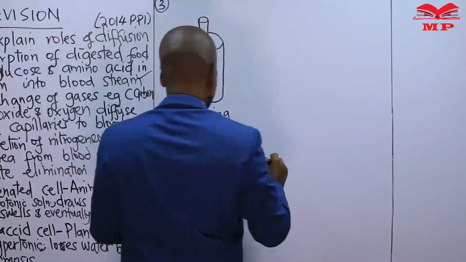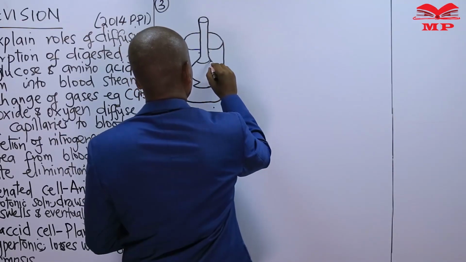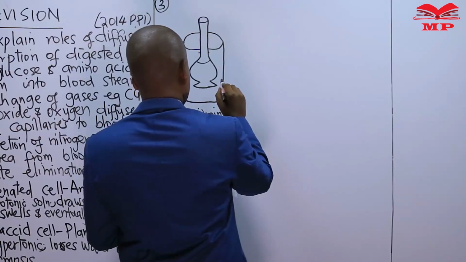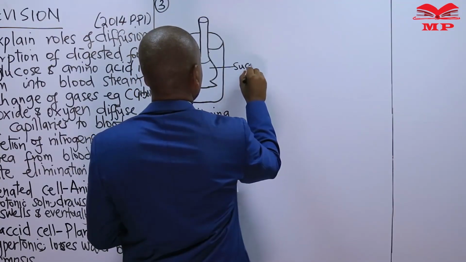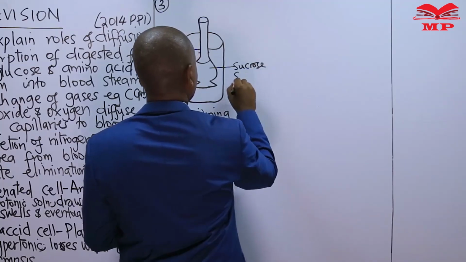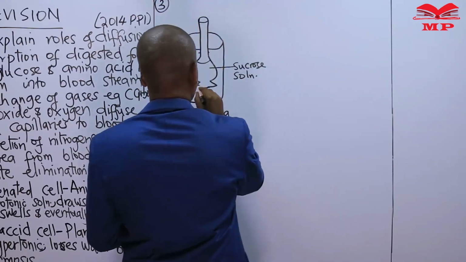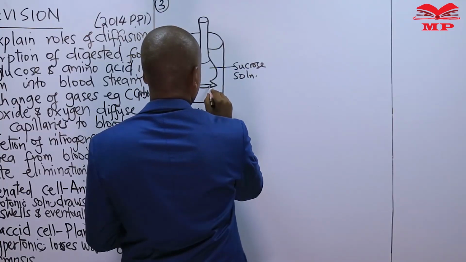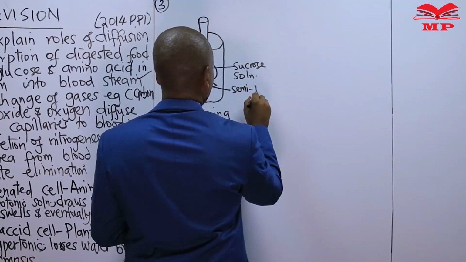And then we have a level there showing sucrose solution, and then we have that membrane here, which is a semi-permeable membrane.